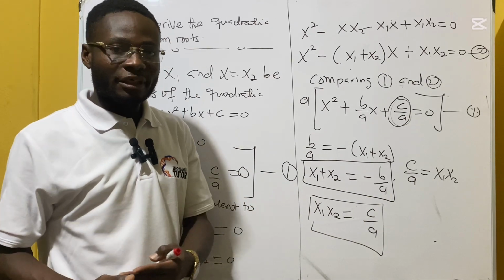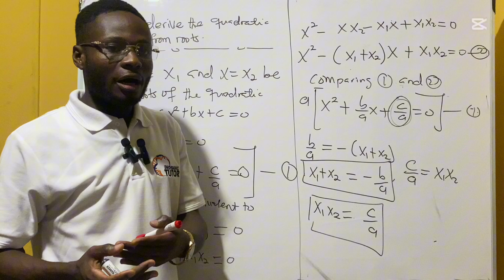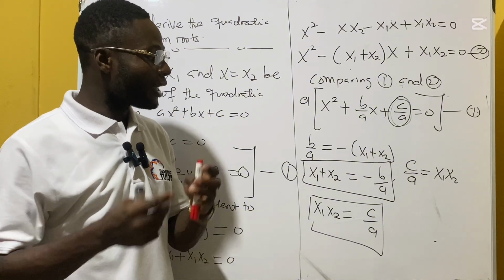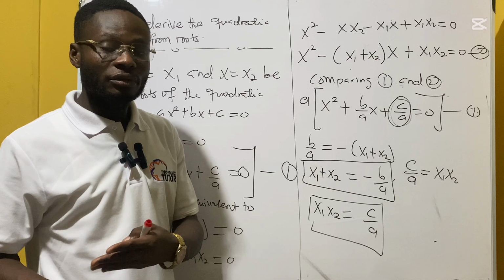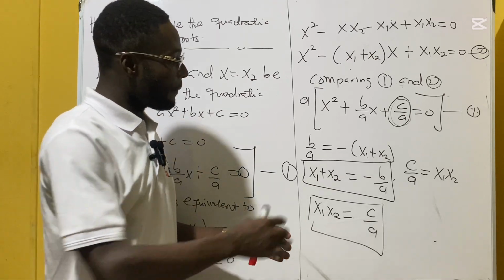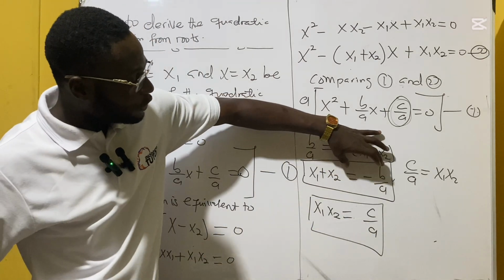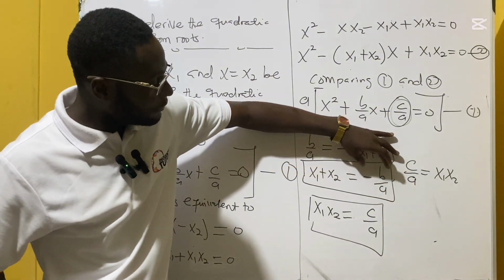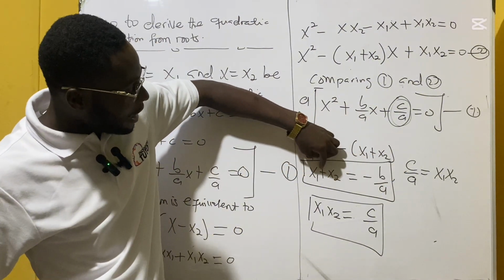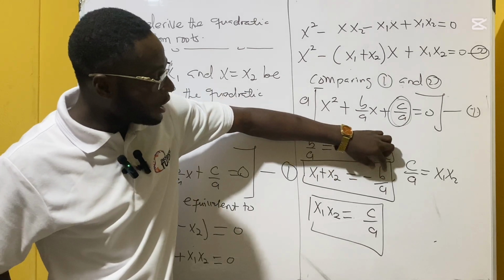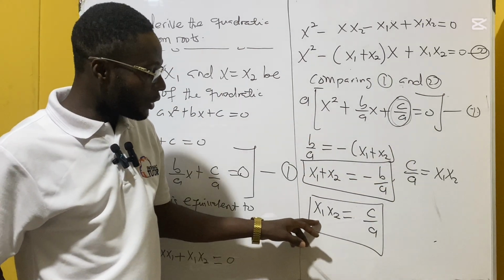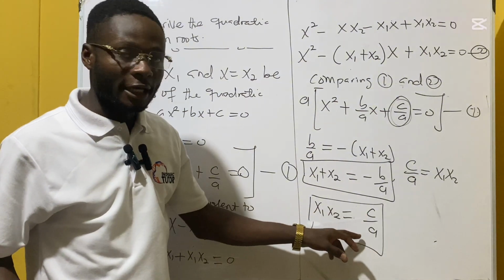For instance, if you are given an equation and you are asked to find the sum of roots and the product of roots, basically this is the shortcut. Objective wise, this is how you do it: x1 plus x2 is equal to negative b over a, and the product of roots x1 x2 equals c over a.